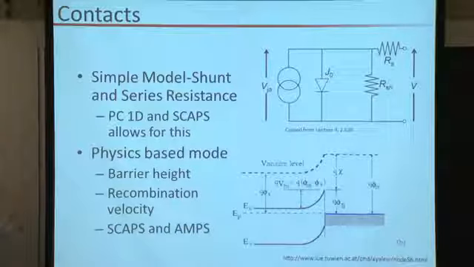So it's nice to be able to model the physics of your contacts by taking the barrier height of your metal and semiconductor and by looking at the recombination velocity. Both SCAPS and AMPS allow for that. At the same time, SCAPS also allows for modeling with your shunt resistance and series resistance. So that's nice in that if you have those measurements, you can just do that instead of mucking around with the physics.